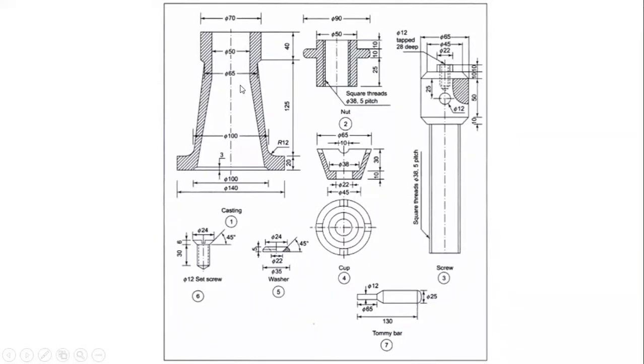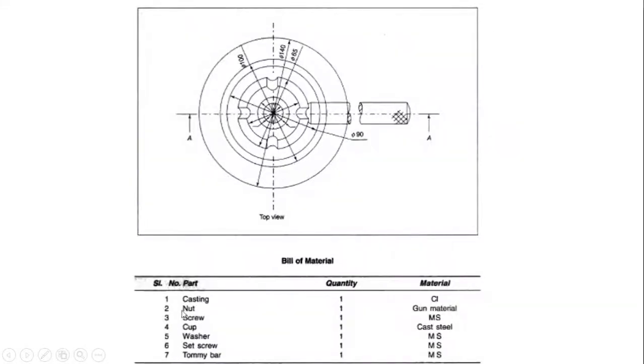Okay, the bill of material also you can see. This part name is casting, second part is nut, third is screw, fourth is cup, fifth is washer, sixth is set screw, and seventh is dummy bar.